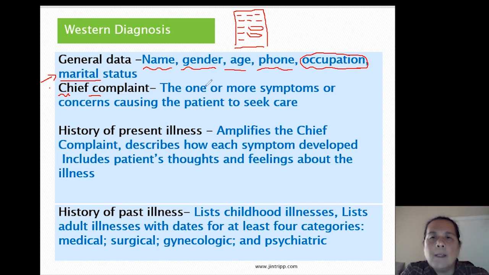The space for the chief complaint is pretty small. That means in the chief complaint, we just put the key symptoms there, maybe just one or a couple of them, not too many.